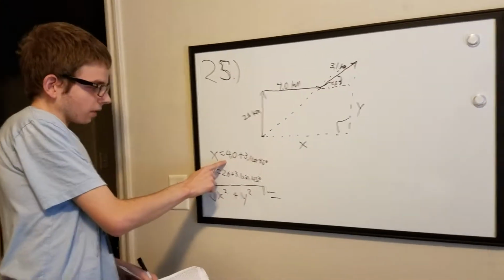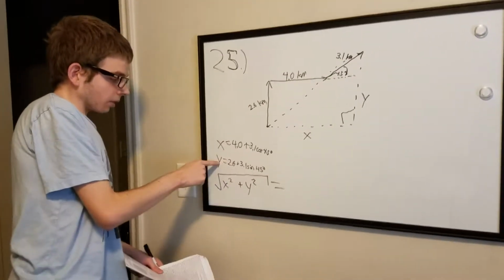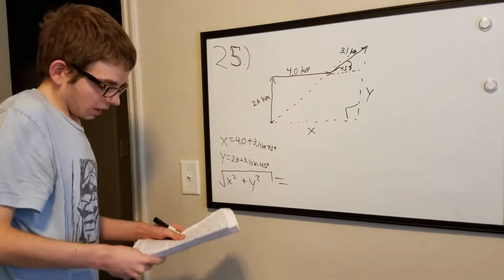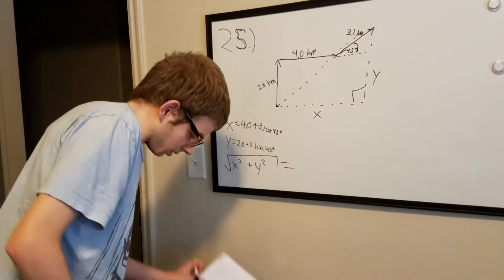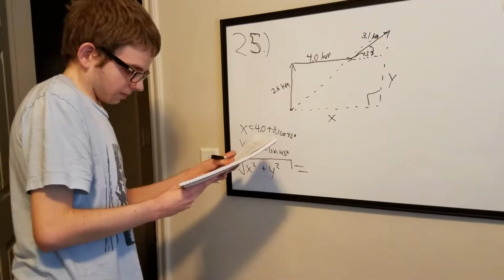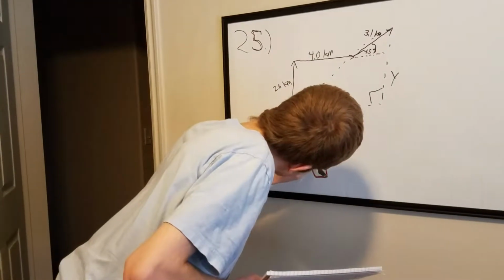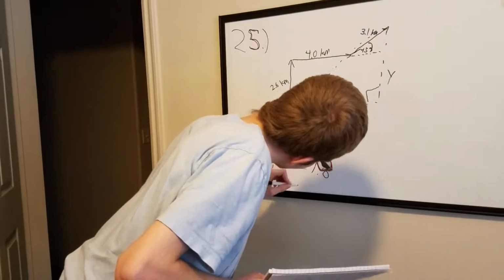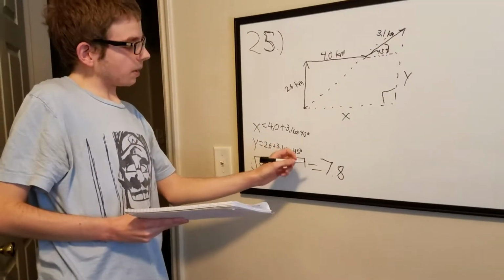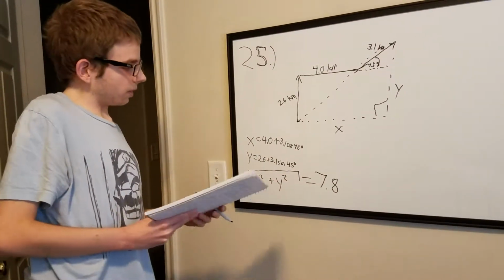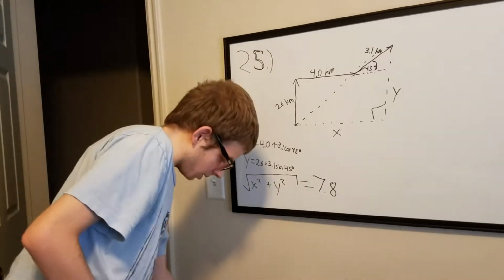So you just plug in the x value to this one, and the y value to that one. And the result should come out to be 7.8 kilometers, the magnitude of the vector. It comes to 7.8 when you take into account significant figures. So now we have found the magnitude.